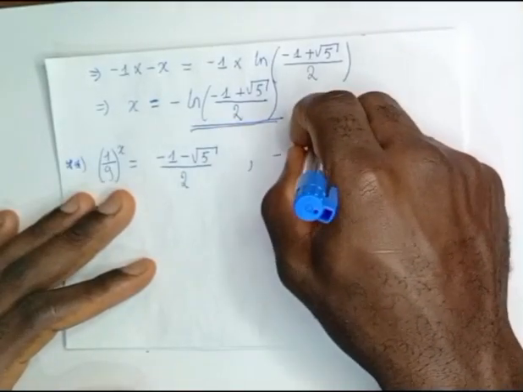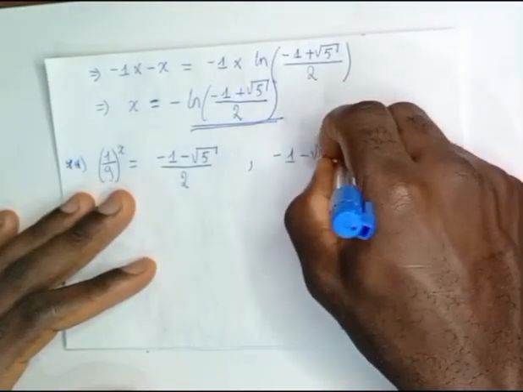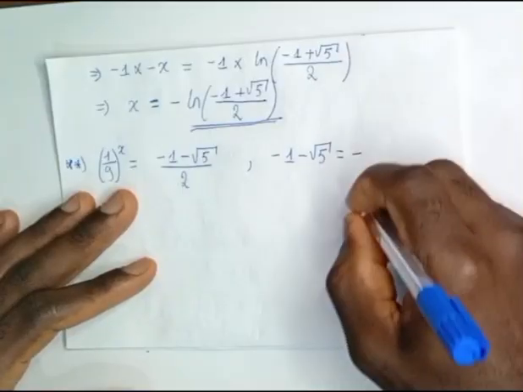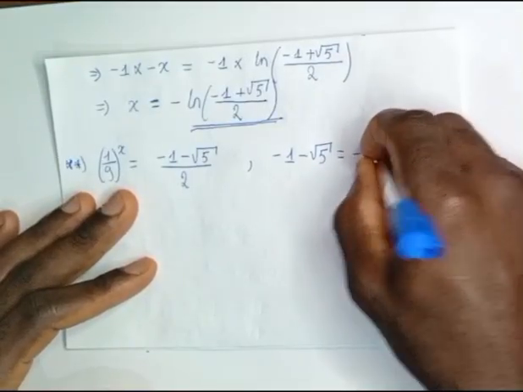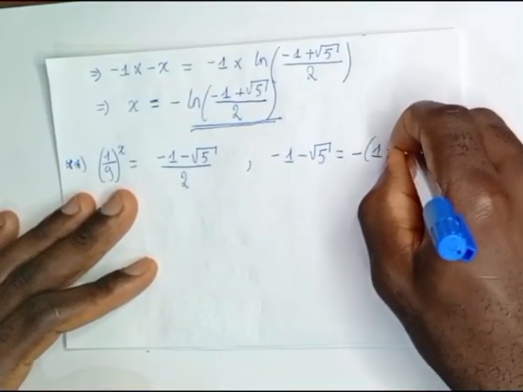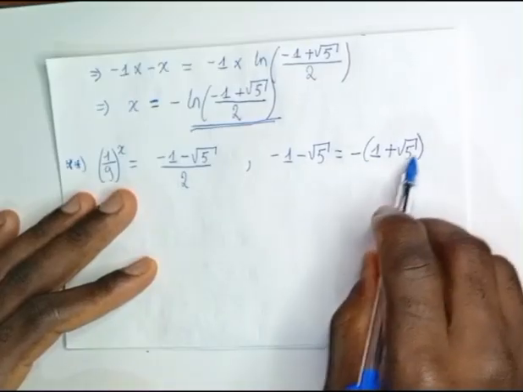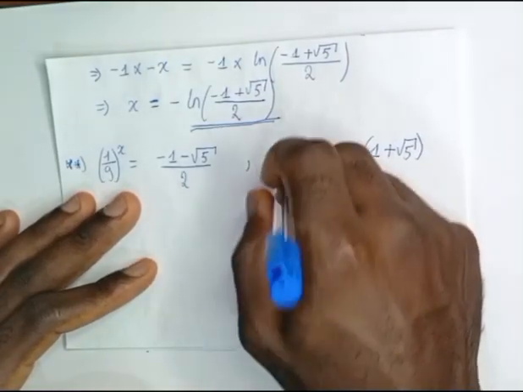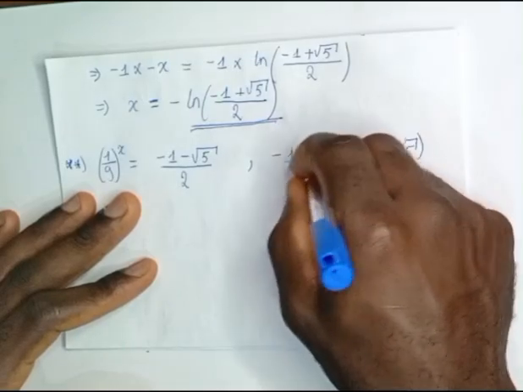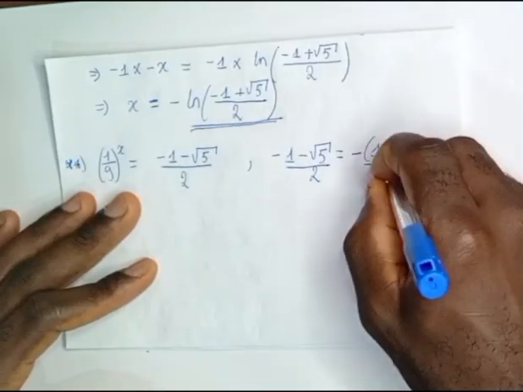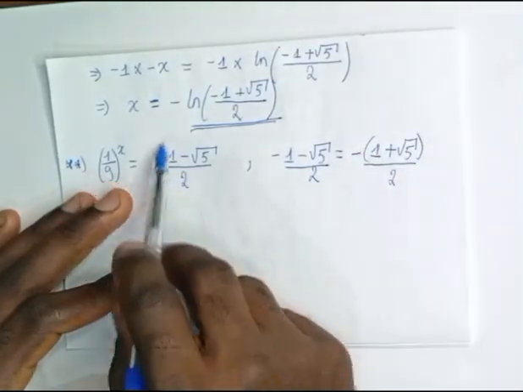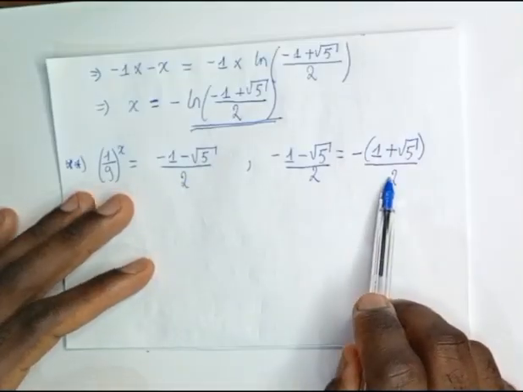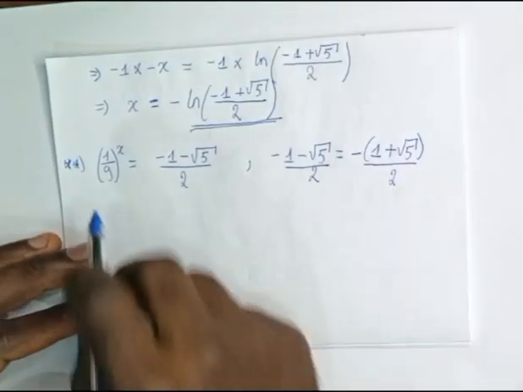Negative 1 minus root 5, if we factor out negative 1, this will give us negative 1 times 1 plus root 5. You see that this is a negative number. If we divide both sides by 2, you see that the result, this number, is a negative number.